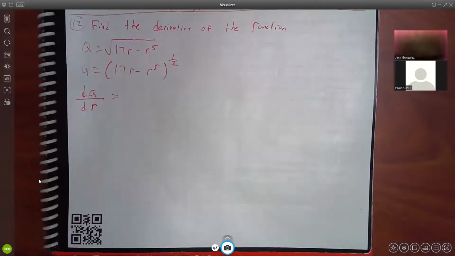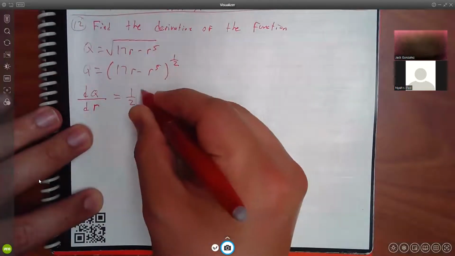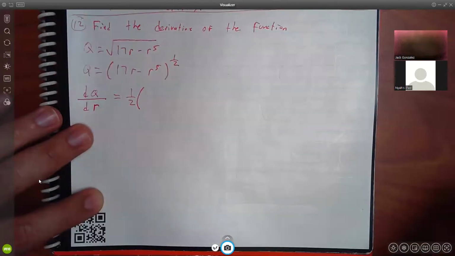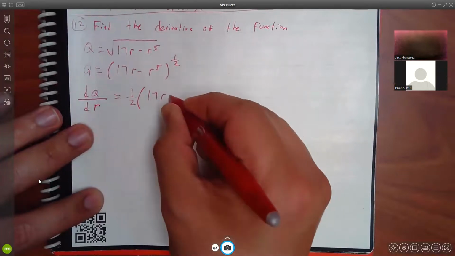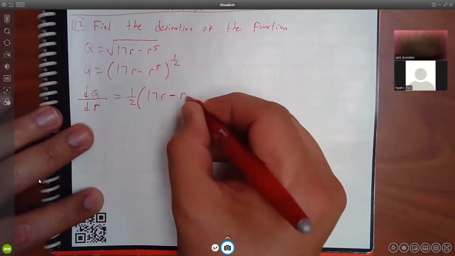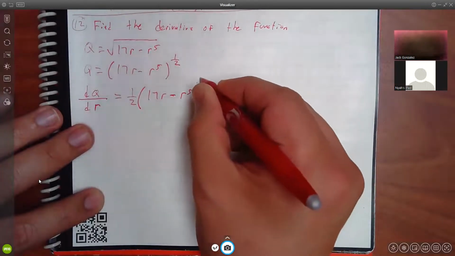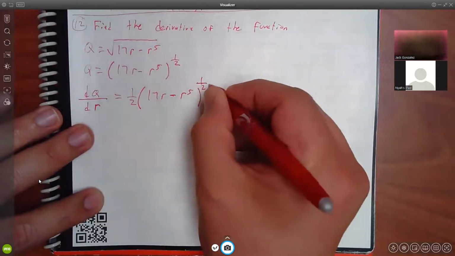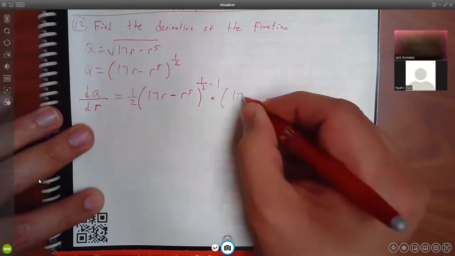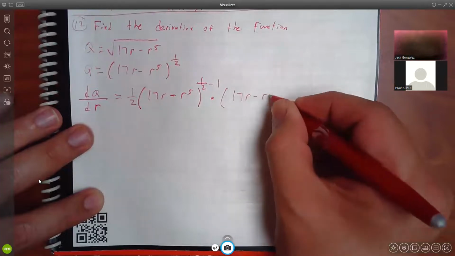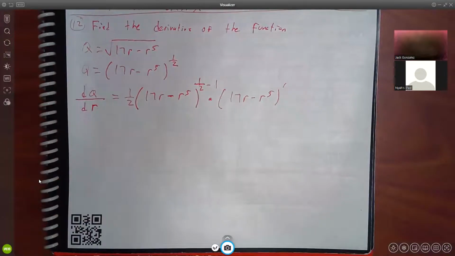Okay, so here we have the chain rule. Bring the number down. Multiply with the derivative of the inside.